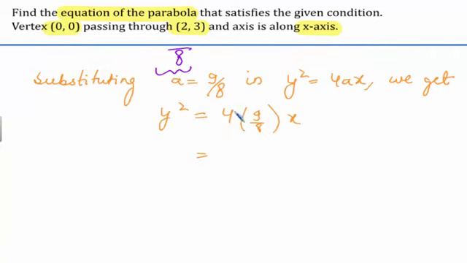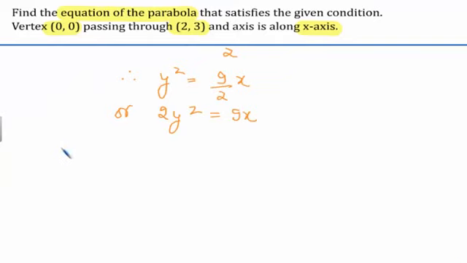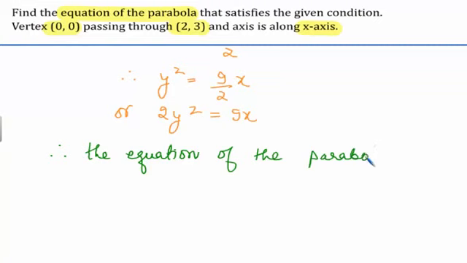Therefore, y square is equal to 9 upon 2 x, or this can be written as 2y square is equal to 9x. Therefore, the equation of the parabola is 2y square is equal to 9x. This completes the solution.